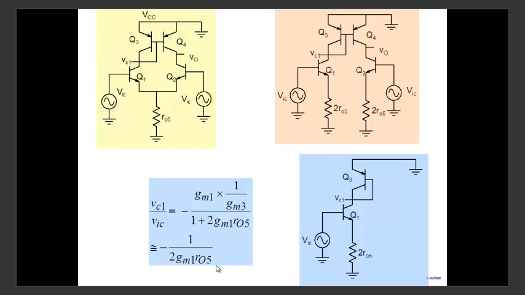Okay. So note that both GM1 times R0, if you take the product would come out to be a very large product, maybe 1000. If you take typical values of GM1 and R0 multiplied together, you will get this factor as 1000. And so 1 over 1000, so gain is very, very small at this particular point here. But note that at every point, we are making approximations.